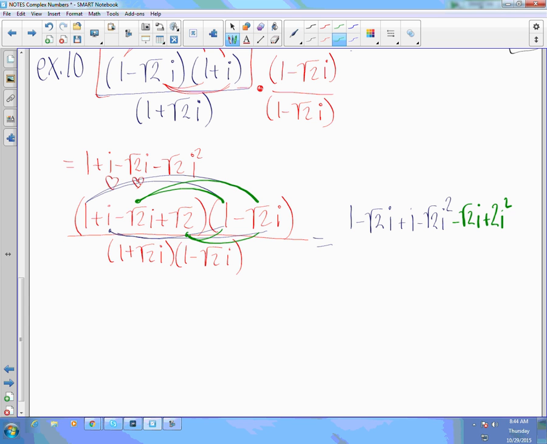Root 2 times 1. So positive root 2, right out here. And what's root 2 times negative root 2I? That's root 2 times root 2. Root 4, which is, square root of 4 is 2, and this is a positive times a negative.